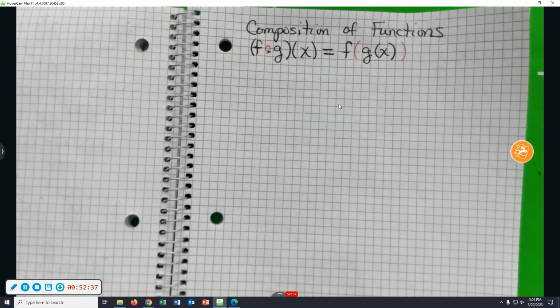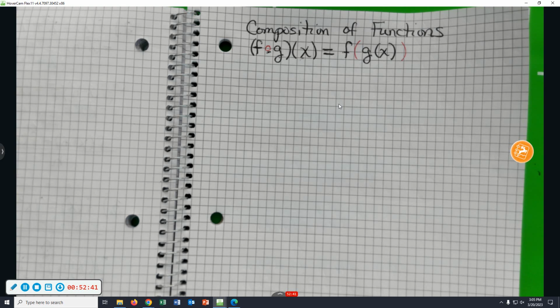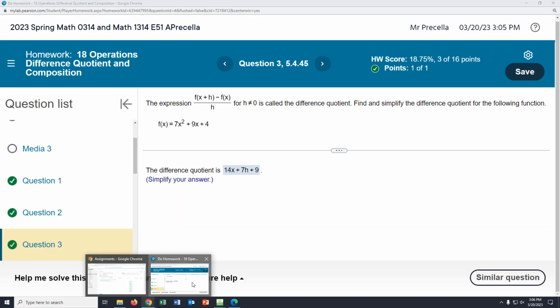Composition of functions is really just repeated function notation. But notice the order in which we're writing them is significant. If we had g composed with f, what would be on the outside? g, and f of x would be on the inside. It sounds worse than it is. You just need to see an example.